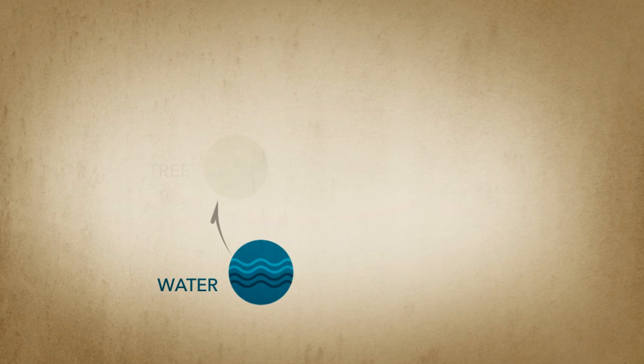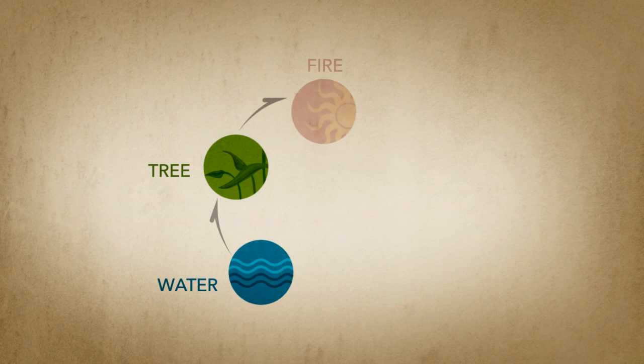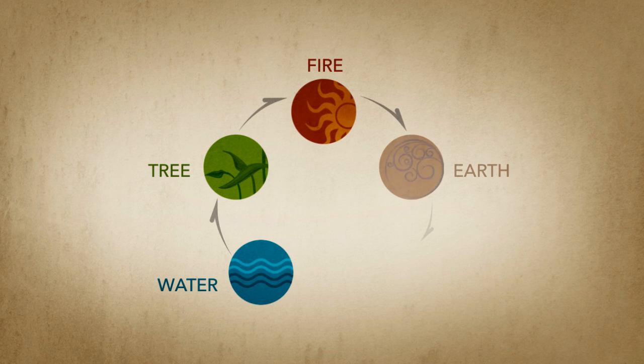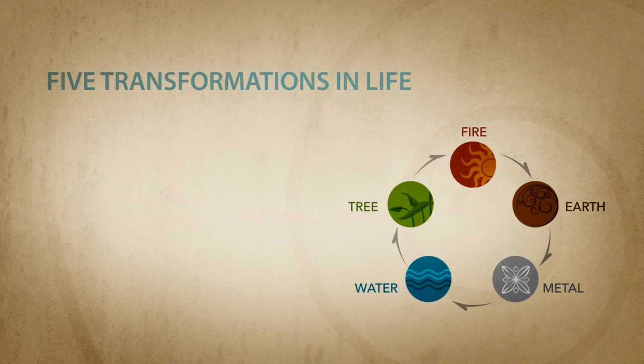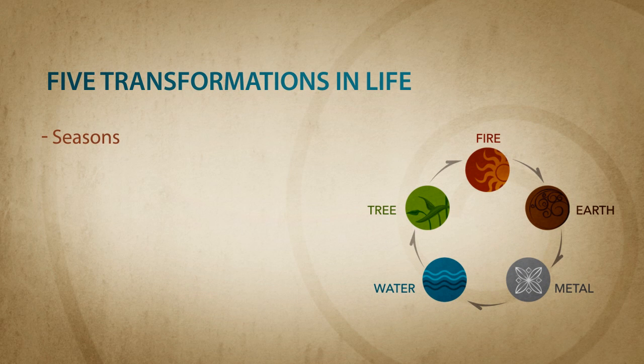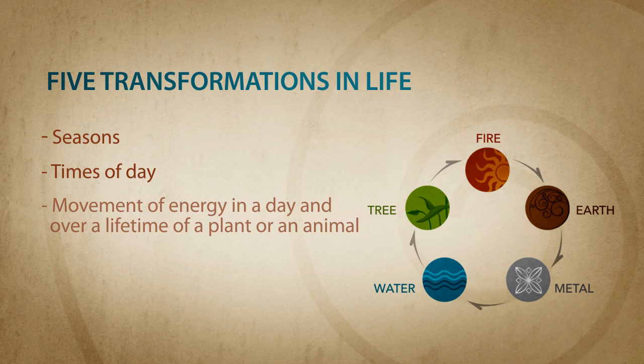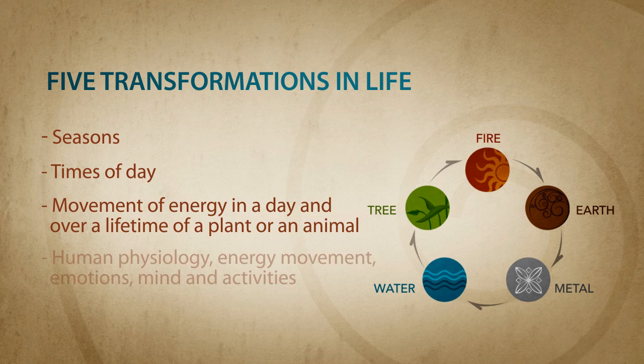And in Oriental thinking, they see everything as being composed of these five different energies, which means we can look at anything in terms of these five different energies, such as the seasons, the times of day. We can look at a plant, different parts of the plant, different parts of the body. We can look at anything as being composed of these five energies.